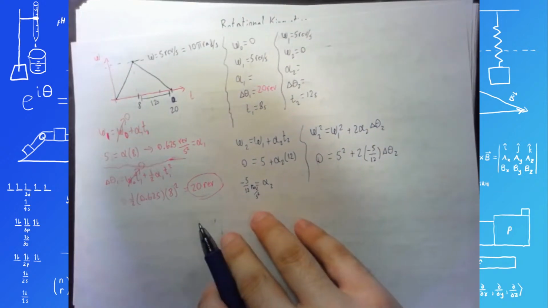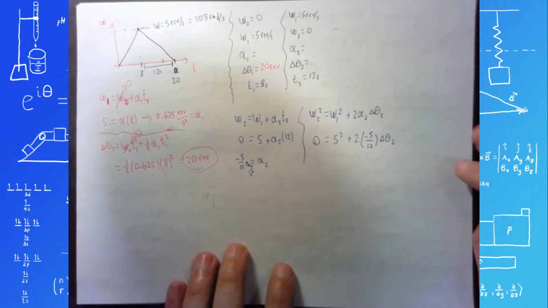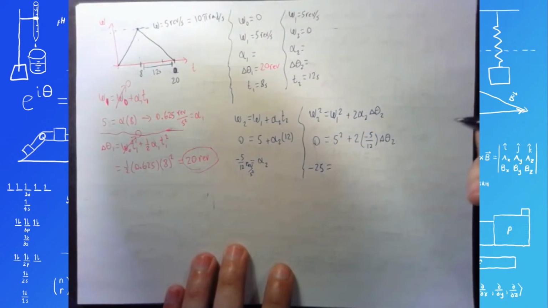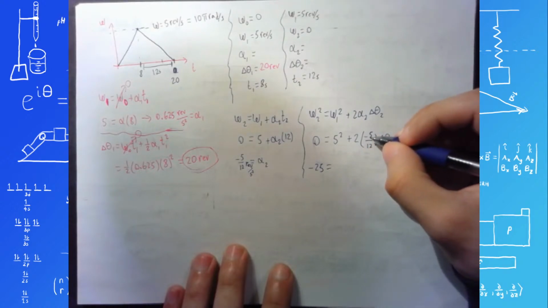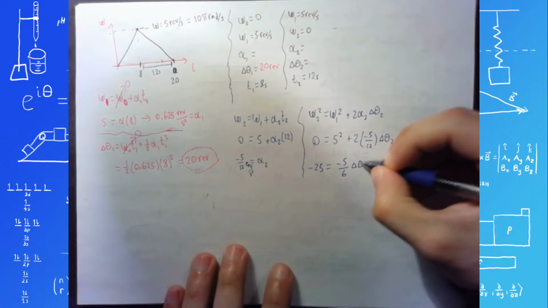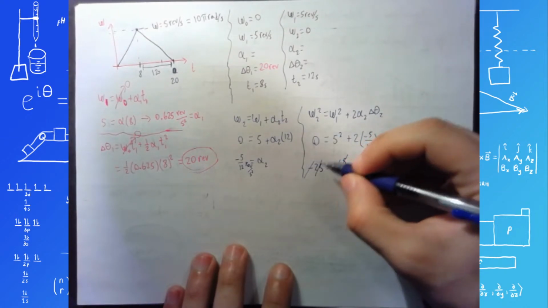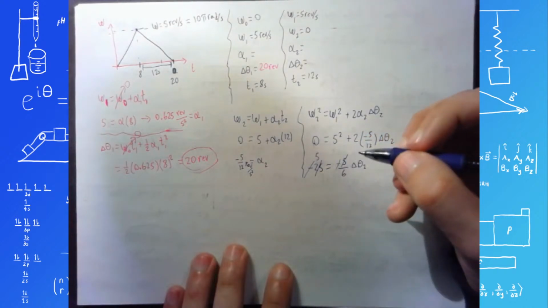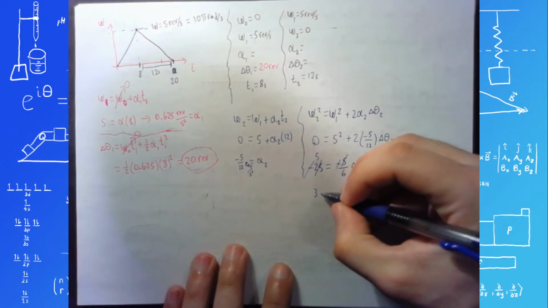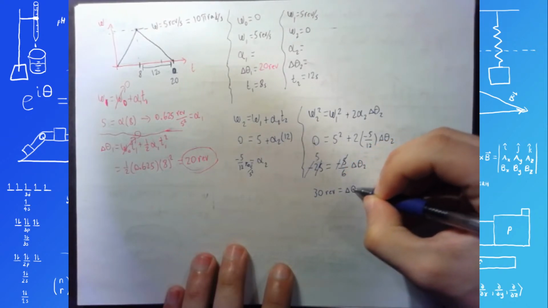Okay, that's going to be negative 25 equals, that'll be negative 5 over 6 delta theta 2. The negatives cancel, the 5s reduce and multiply by 6. 6 times 5 is 30, so delta theta 2 is 30 revolutions.